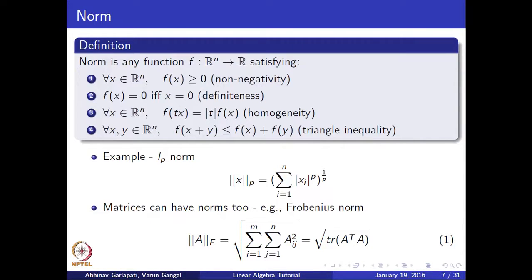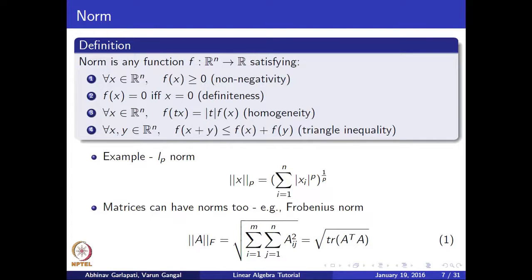And fourth, if we take any pair of vectors in our vector space, which is R^n, the norm of the sum of these 2 vectors should be less than or equal to the sum of their norms, which is also known as the triangle inequality. This is in some way related to the fact that the third side of a triangle should always be less than the sum of the other 2 sides.